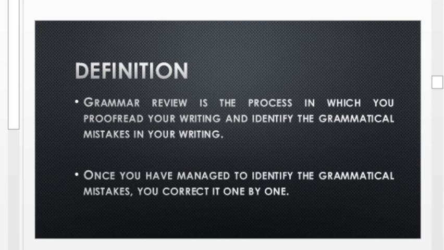Okay, people would think that that particular action is still being done, or has been done, or is going to be done. So once you manage to identify the grammatical mistakes, you correct them one by one.